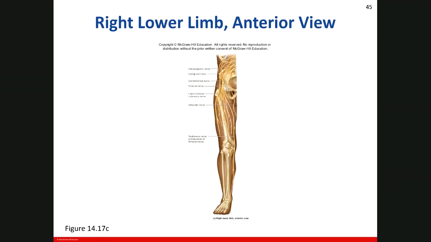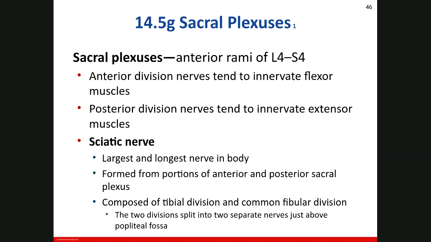And the next plexus which we have is called the sacral plexus, which is the anterior rami of L4 to S4. From this plexus, we have a very important nerve, which we call the sciatic nerve. And this sciatic nerve is the largest and longest nerve which we have in our body, and it can innervate the posterior part of our lower limb.